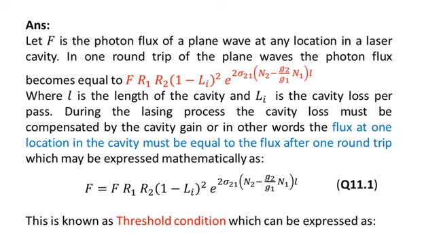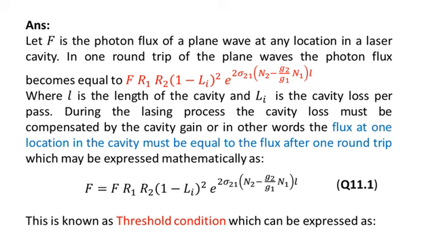So these two must be equal to each other if the loss has been balanced. So equation 11.1 is because the flux at one location in the cavity must be equal to the flux after one round trip, that is, the loss has been balanced.